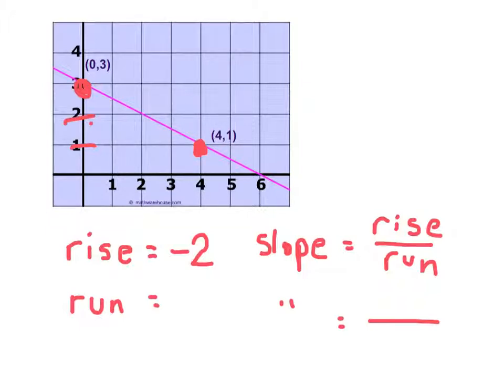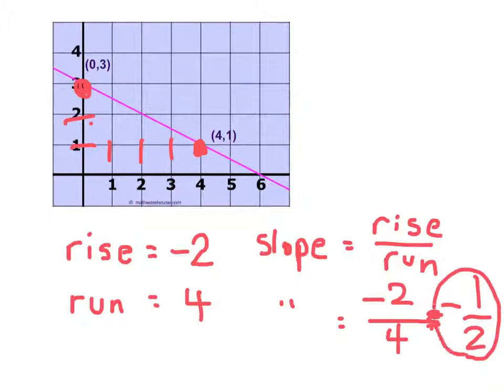Then the amount of change for the x, the run, from (0, 3) to (4, 1) would be 1, 2, 3, 4, a positive 4 in the x direction, because 0 plus 4 would equal 4. So our slope for this line is negative 2 over 4, and that can be reduced. We always try to reduce our answers for slope, and this would be written as negative 1/2.